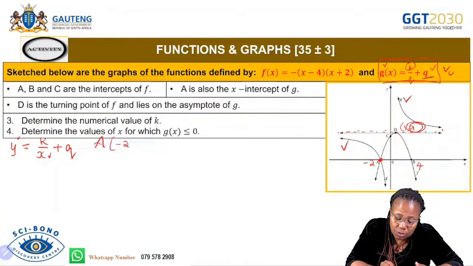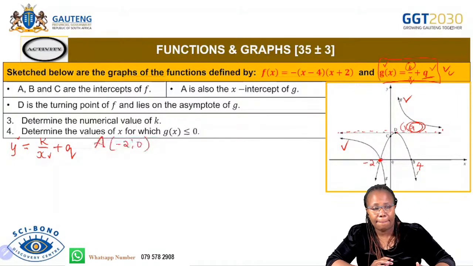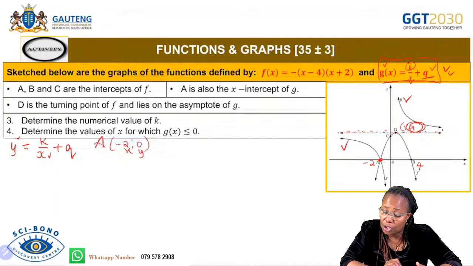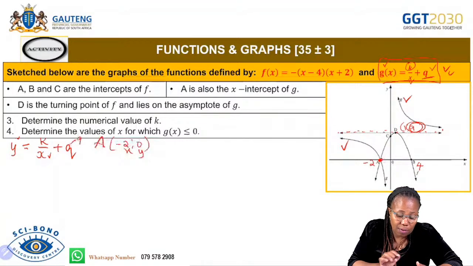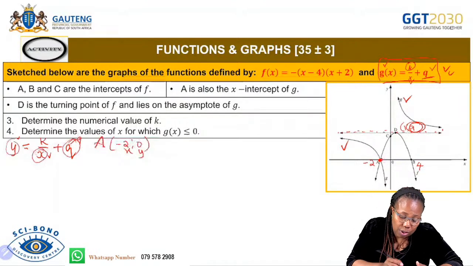X is minus 2 with y 0 there. Now we have x and y values, so we'll substitute x and y, and we have our asymptote q equal to 9. Oh, q is 9. Now we have that value, we have something to substitute there. We can now easily work out our solution.